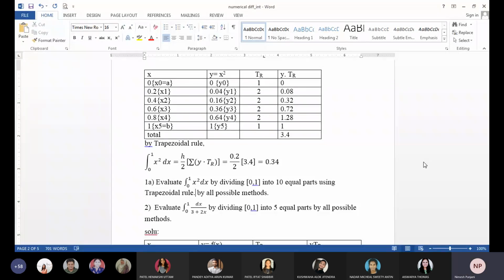And here I am just saying by all trapezoidal rule, because if I keep the condition of all possible methods, then your Simpson's 1/3 will also be applicable because it becomes even. So this is your homework, and tomorrow only we have a lecture. I want you to solve this sum today, and you have to tell me what you observed by taking n as 5 and by taking n as 10. Tell me what is the difference which you observe.